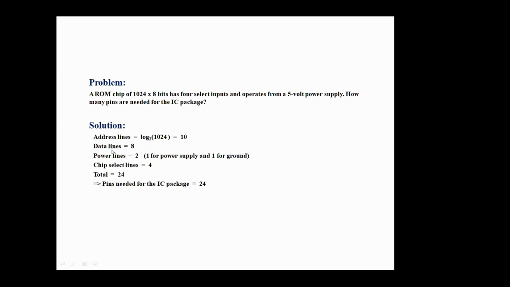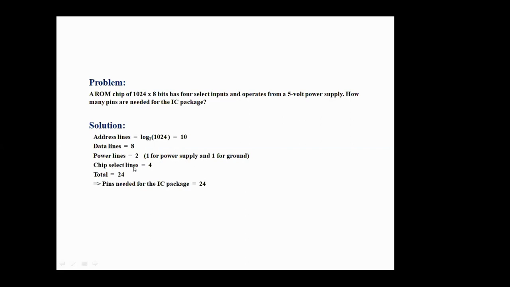How many data lines will be there? It is here 8. So 8 data lines will be there because the size of one word is 8. And what about power lines? It is given that we need a 5-volt power supply, and if there is a 5-volt power supply, there must be a ground also. So power lines will be 2.